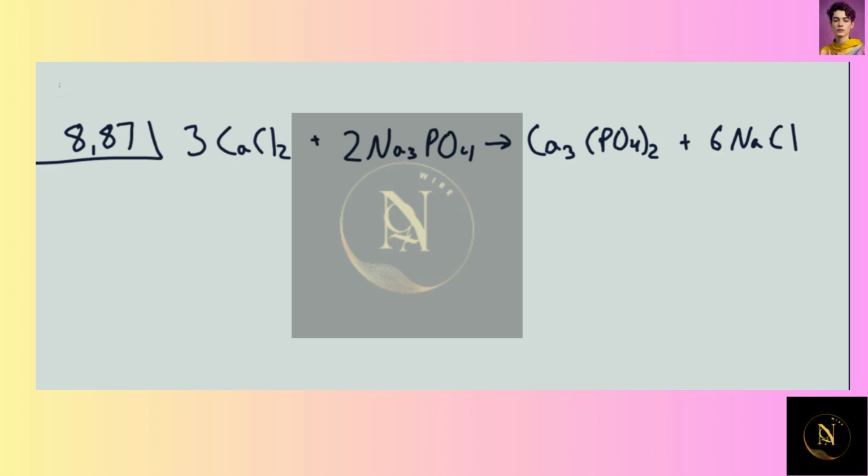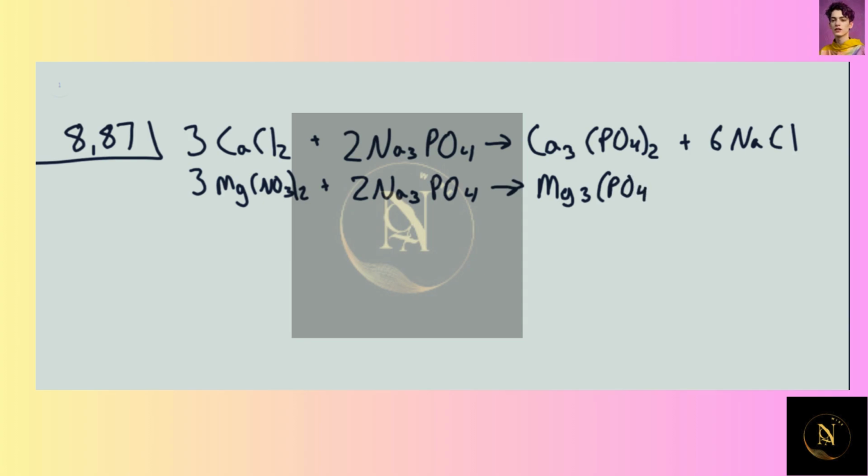And we have a similar reaction for magnesium nitrate. So you could go ahead and write these down if you're not sure how to balance. You can write the whole reaction and then balance at the end. So this is how we form the insoluble phosphates. And this is the ratio in which the phosphate and magnesium and calcium will combine.